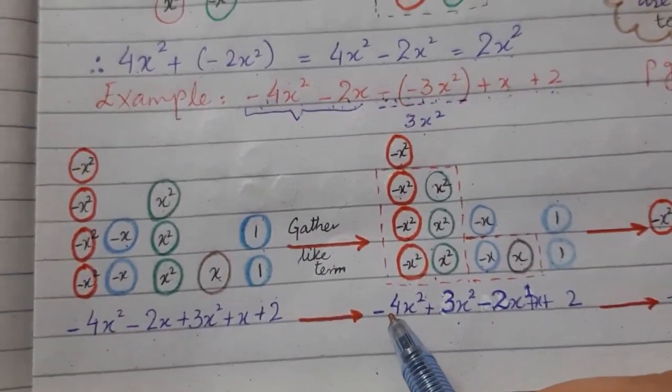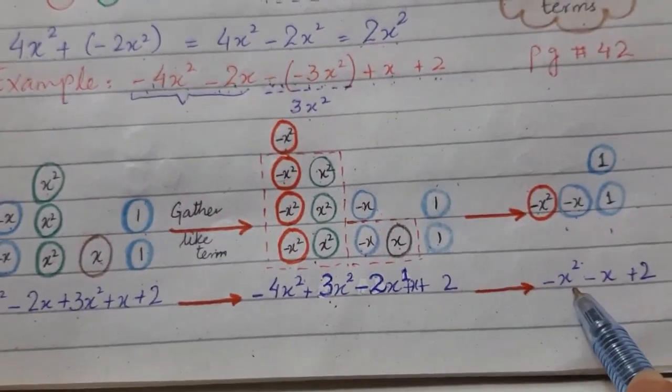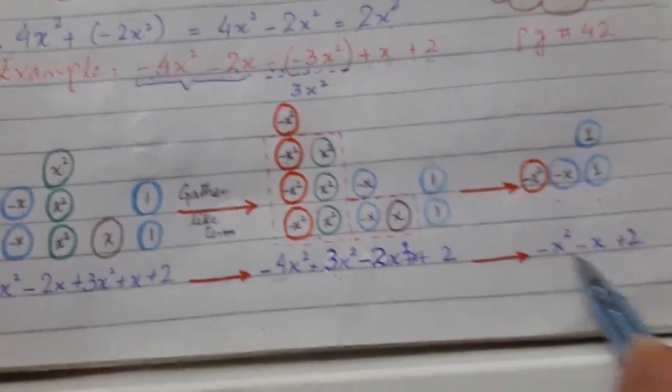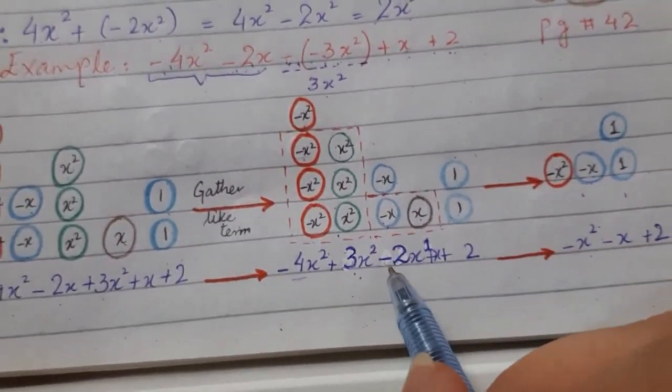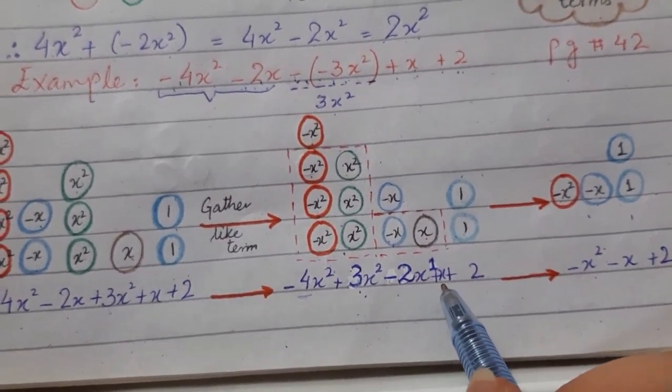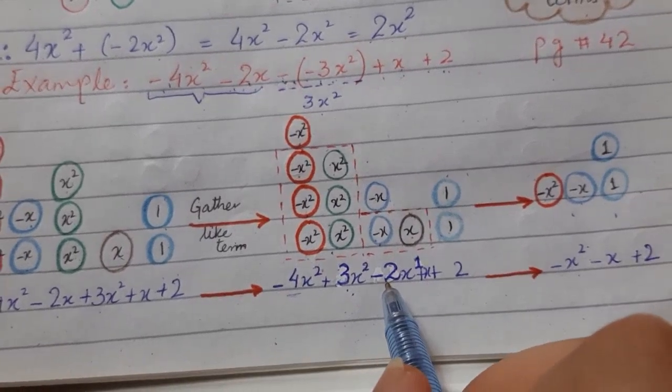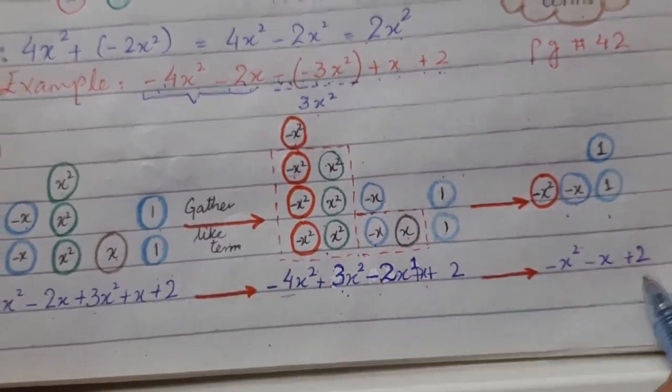You will get minus 4x square plus 3x square. You will get minus x square, as the big brother in it is minus 4. Negative sign will come here. Now minus 2x plus x, you will get minus x because here also the big brother term is 2. Then plus 2.